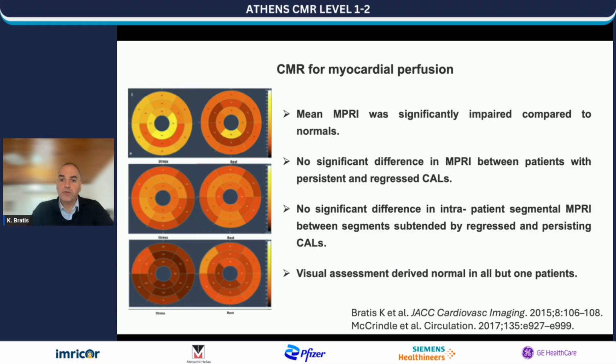This was irrespective of the presence of any persistent or regressed coronary lesions. Even in the same patients, in territories subtended by normal and diseased vessels, the results were not much different. So there is global microvascular dysfunction in the long term in this patient population.